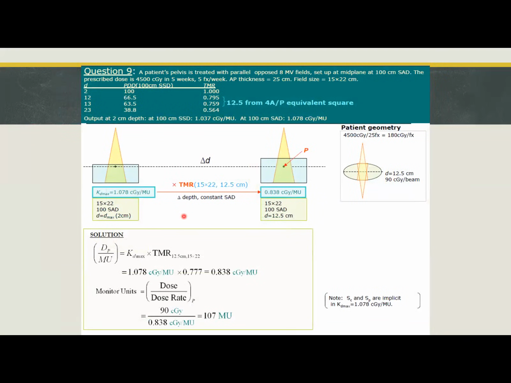This is another question, a detailed question. Here, the important part is to understand the given data and the corresponding table, and how to use those tables according to the given information. The rest of the procedure is the same.